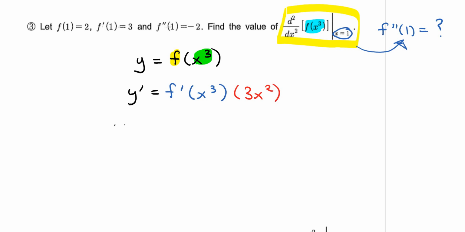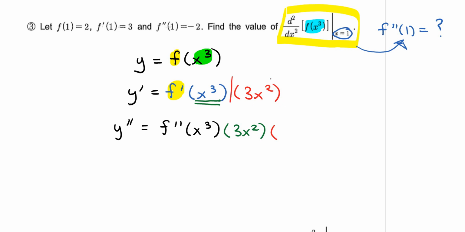And now I can take my second derivative, and the derivative of f prime is going to be f double prime of x cubed. And then the chain rule states that I need to take the derivative of the inside guy, which is 3x squared. And then I multiply that with this second term here, which is just 3x squared. All right, so essentially I'm just doing a product rule, right?